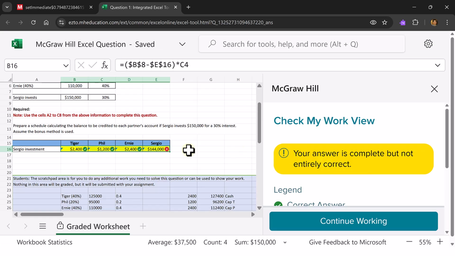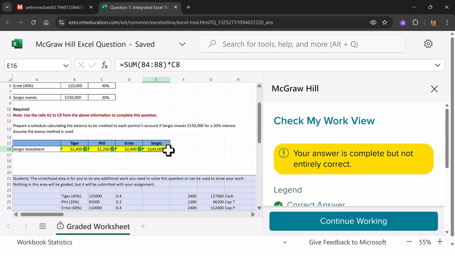Okay, now how can I get this wrong? You know, this number 144 is correct because it's feeding into the three cells here. So the number is correct. It doesn't like my formula. So let me double check the solution. I think I have a good formula here.